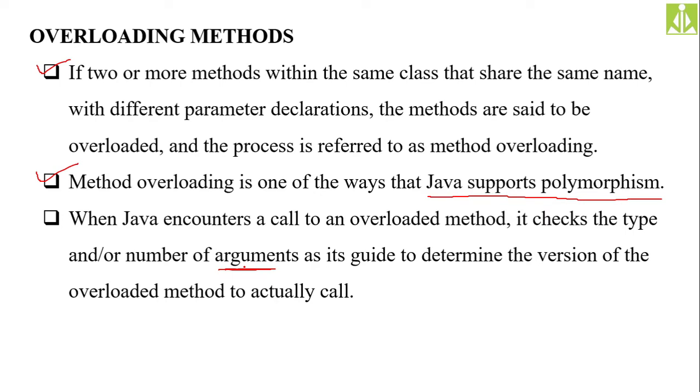Here both things are important, type as well as the number of arguments. How many parameters you have, 2 or 3, and what are their types. Whichever overloaded method definition satisfies the method call, it invokes that one. Hopefully you understood this phenomenon.